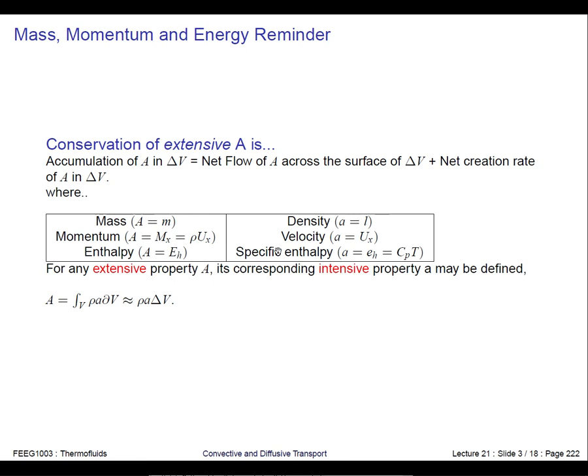And in the previous lectures I've talked about an intensive property which doesn't depend on the amount of stuff that you've got there. So the intensive variable for mass is density, so that's mass per unit volume. The intensive variable for momentum is velocity, so effectively velocity is momentum per unit mass.